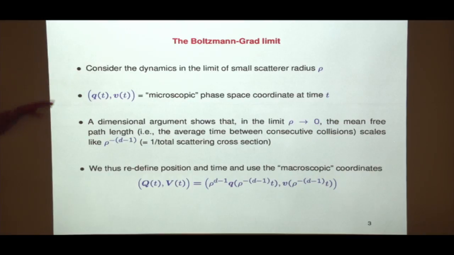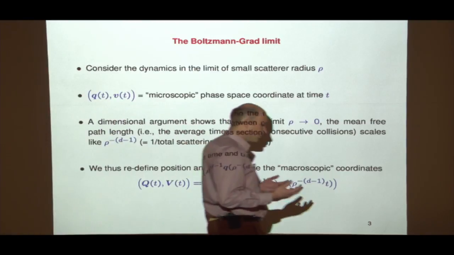So our scatterers are spheres of radius rho, and that's supposed to be small. So the first question you ask is, what is the mean free path length? A simple dimensional argument shows you that the mean free path length will grow exactly like rho to the minus (d minus 1), which is just the cross-section of each scatterer that you see.